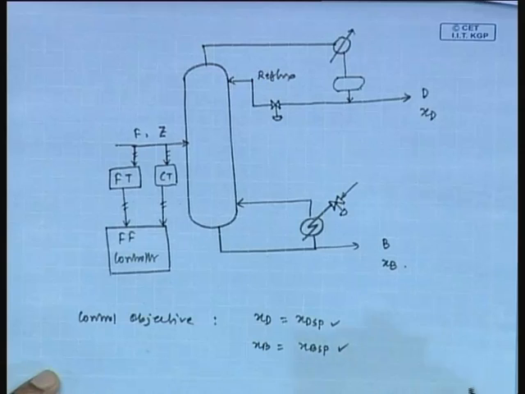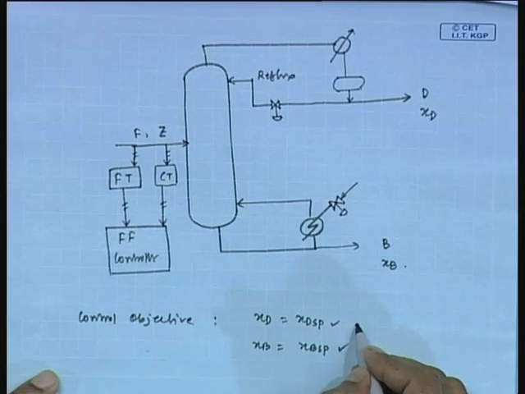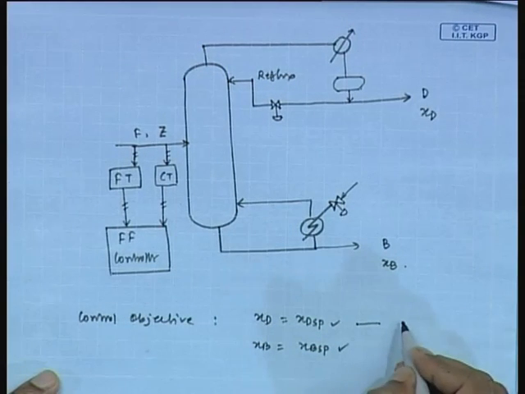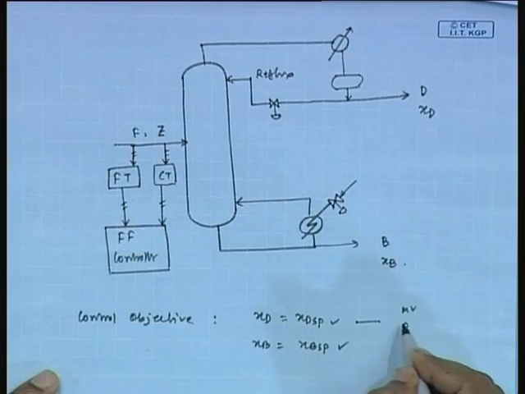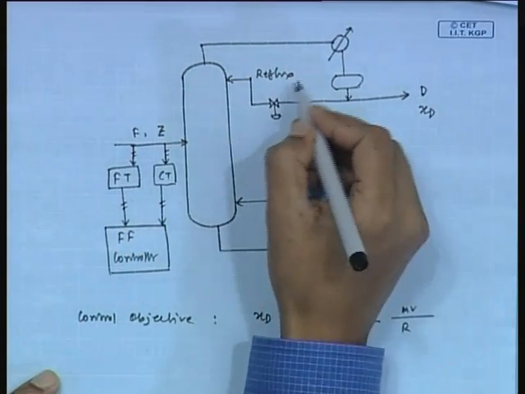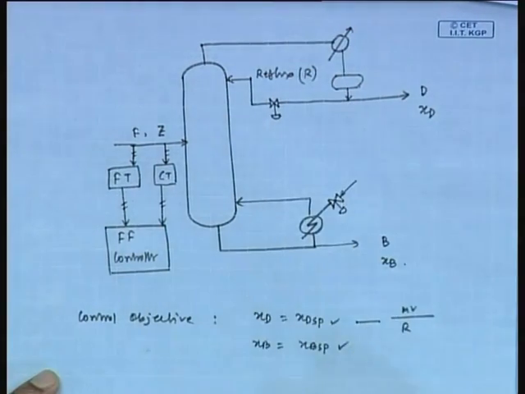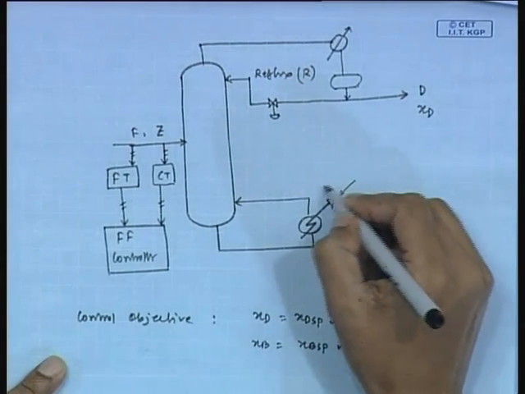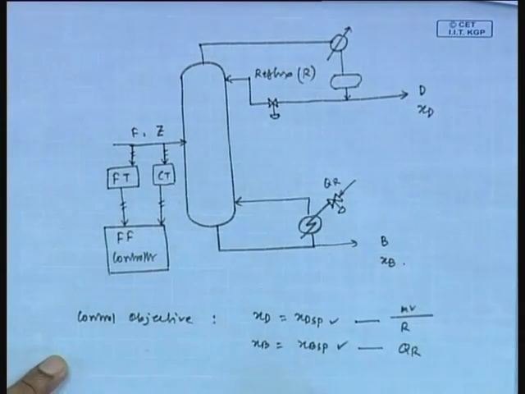Fine. For this top loop XD, the manipulated variable is reflux flow rate R, and for the bottom loop the manipulated variable is QR. QR is basically the reboiler duty.